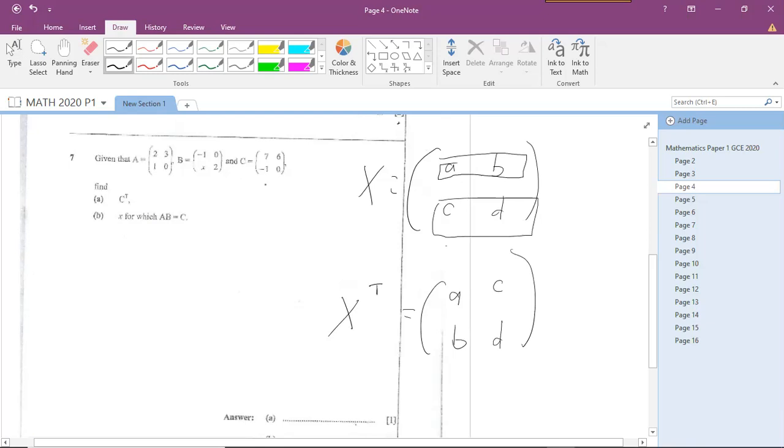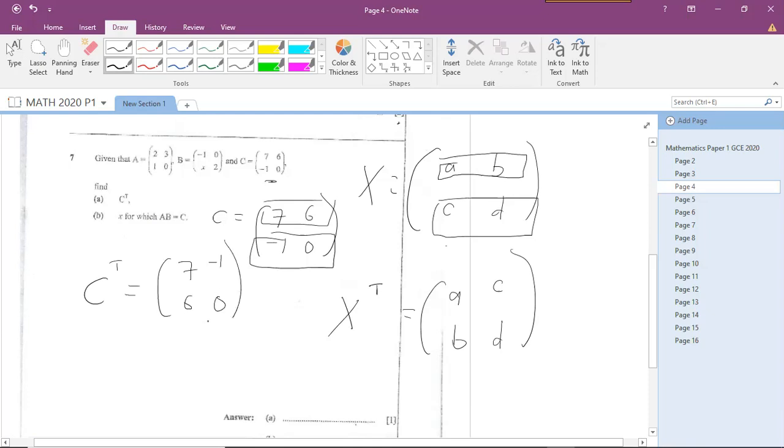They are saying transpose this matrix C. So if you want to transpose the matrix C, which is 7, 6, negative 1, 0, we're going to get these two rows and we're going to convert them into columns, meaning C transpose will be 7, 6, negative 1, 0.